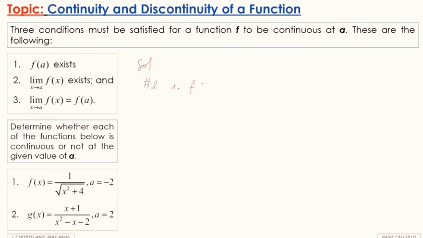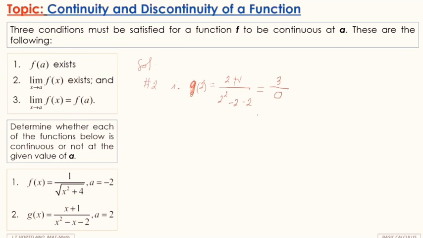So in this case, we have g of 2. So g of 2 is equal to 2 plus 1 over 2 squared minus 2 minus 2. Now, let's simplify. 2 plus 1 is 3 over 2 squared is 4 minus 2 is 2 minus 2 is 0. So therefore 3 over 0.